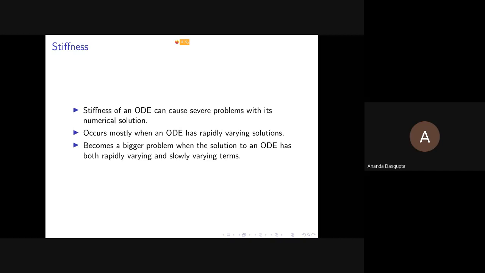Now, if it really had just a rapidly varying solution, one very easy way to handle that would be to use a much smaller time interval. Because if you use a small time interval, then the solution will not get much of a chance to vary, so you will be able to look at it much more accurately. This is exactly what the adaptive methods work at.